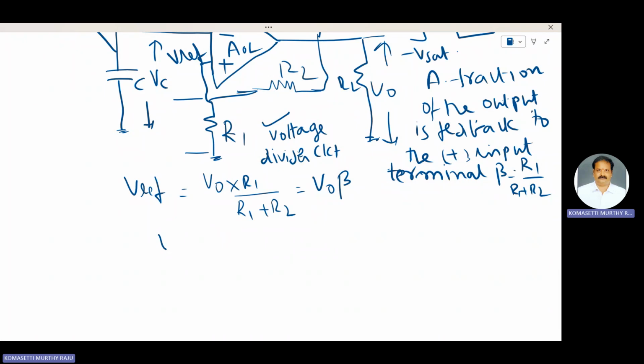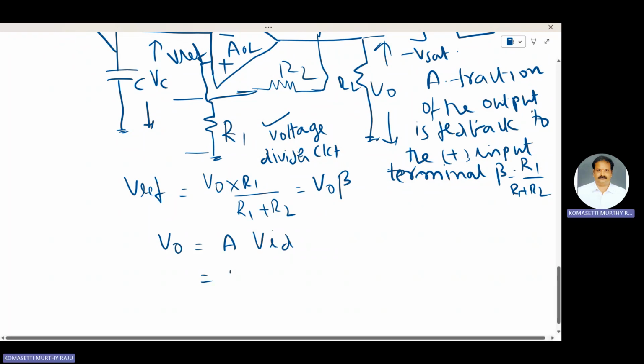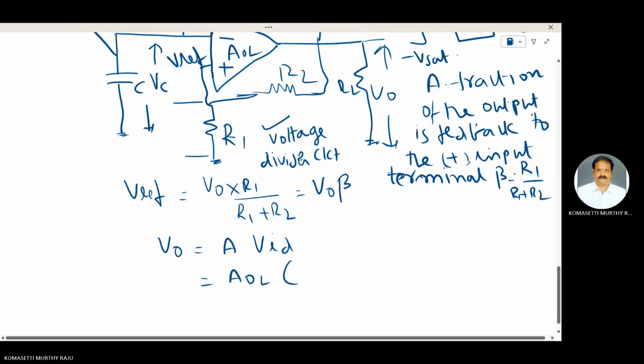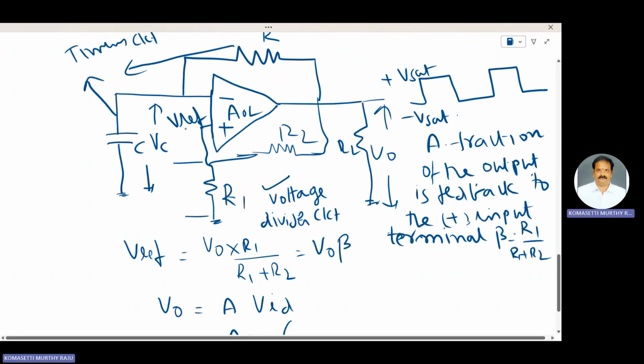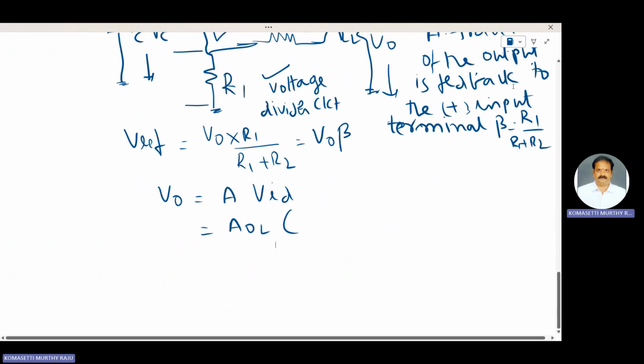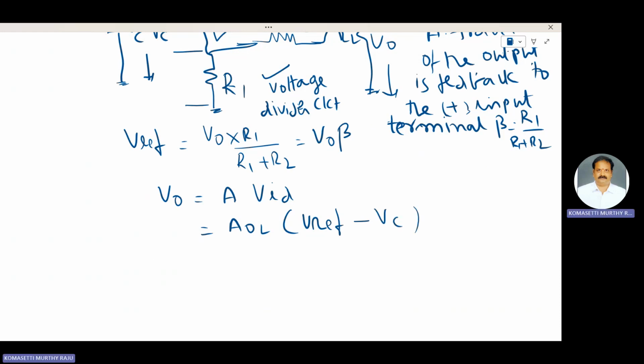We know that V0 is equal to gain times VID, where gain is AOL. VID means the difference between these two voltages. V reference is connected to the positive terminal and VC to the negative terminal. Therefore, VID is equal to V reference minus VC.